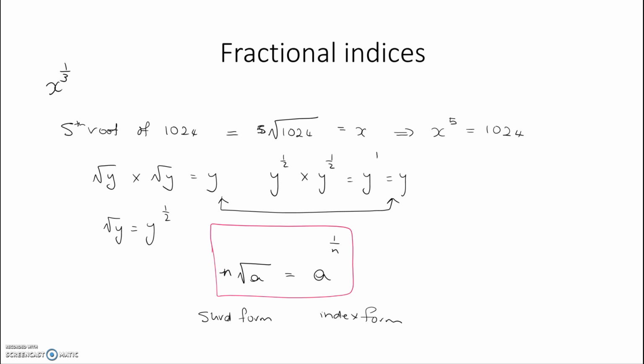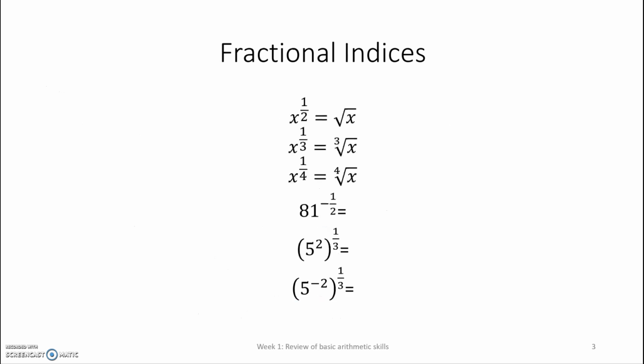So it gives you an idea of the meaning of a power that's actually a fraction. Here's the first few listed. X to the power of a half is square root, x to the power of a third is the cube root, x to the power of a quarter is the fourth root.